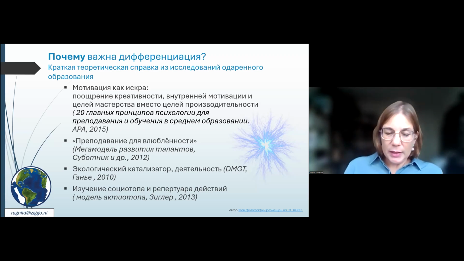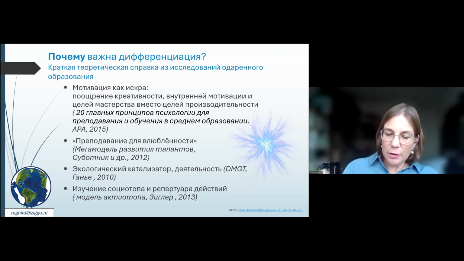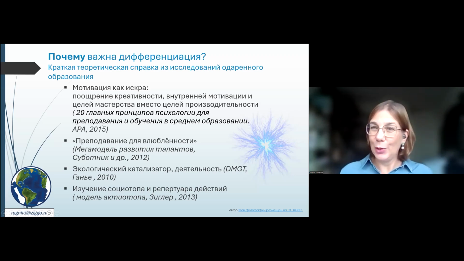So this important role of the teacher and this falling in love and this learning environment, we can also find it in the Differentiated Model of Giftedness and Talent from François Gagné, who will be speaking later. Very honored to be part of the same program. And in his model, he points out the importance of environmental catalysts and learning activities.